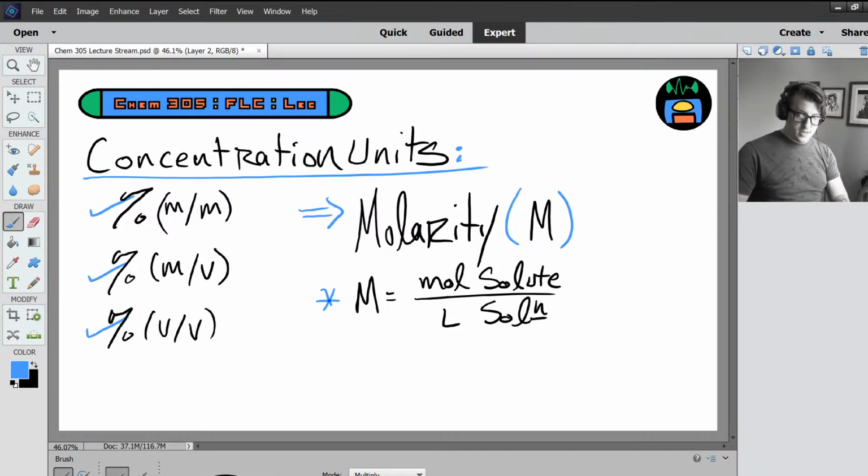This is the one that chemists love because it has moles, and anytime you have moles, you can do stoichiometry.